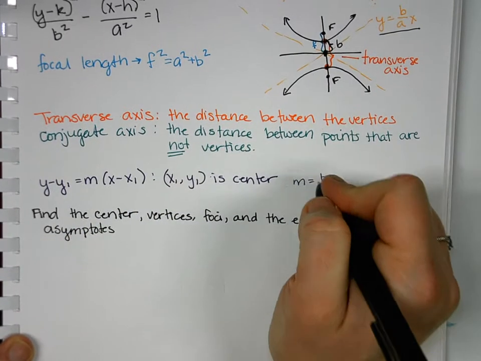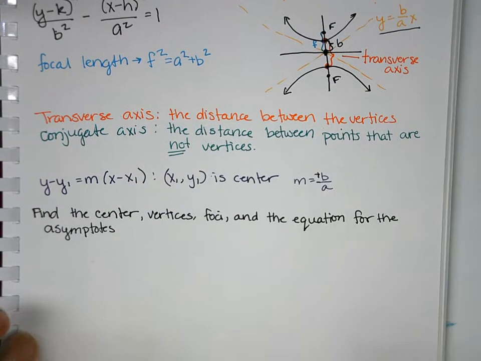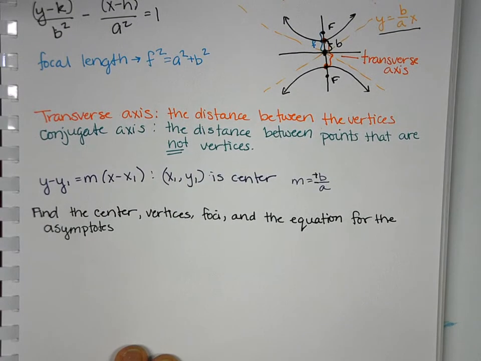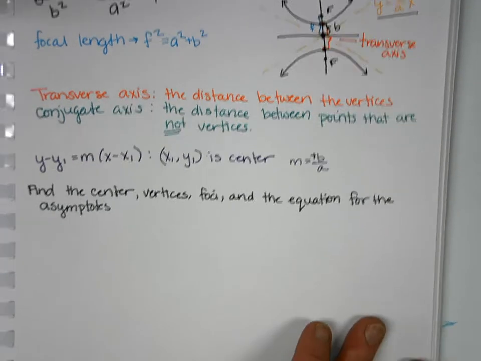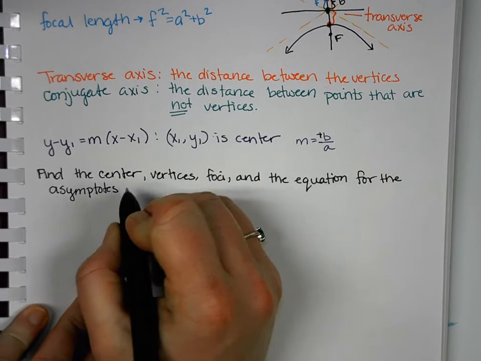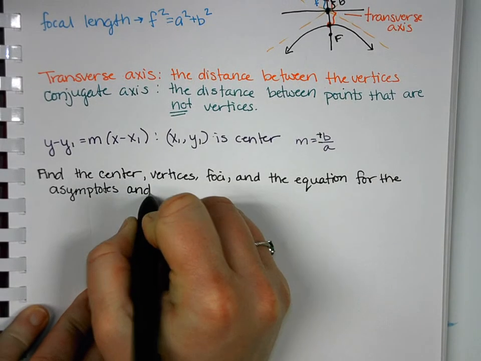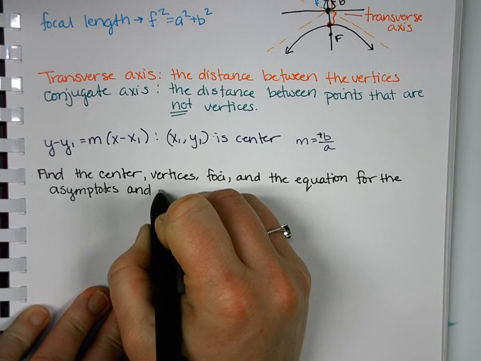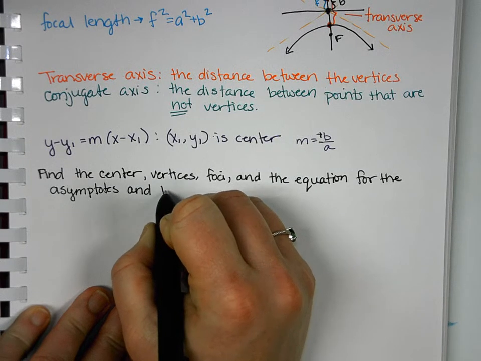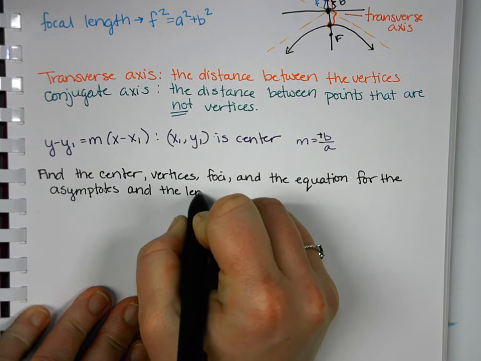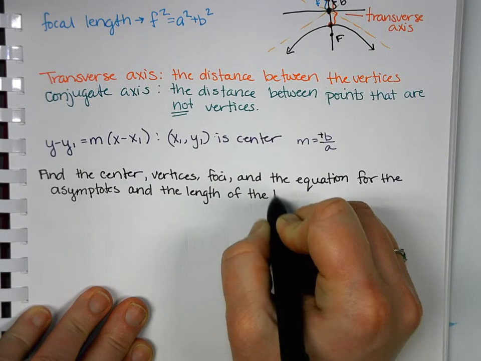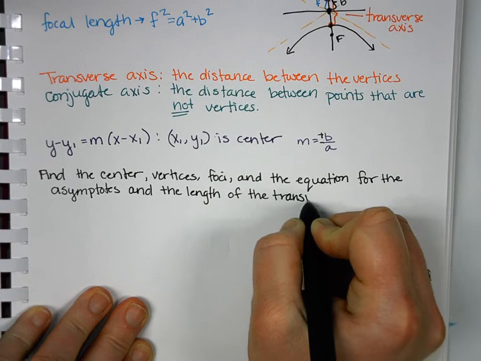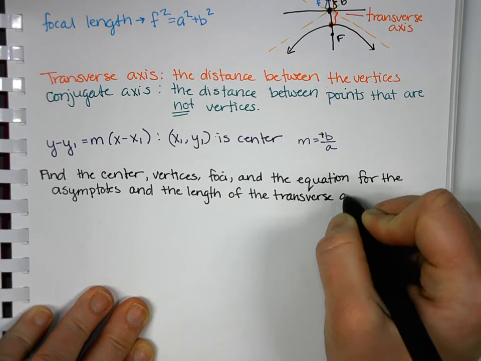On our slope, we have to do both the positive and the negative to get both directions. So you're always going to have the plus minus of your b over a for your slope, so that way you get both asymptotes. And the length of the transverse and conjugate axes.